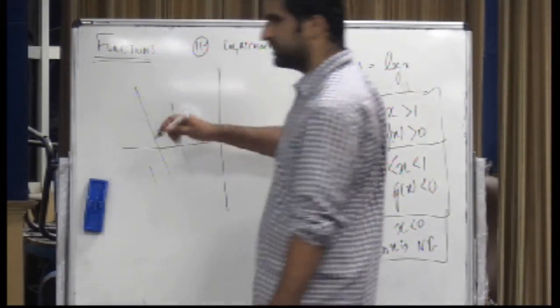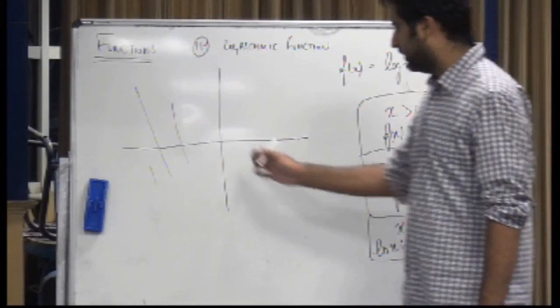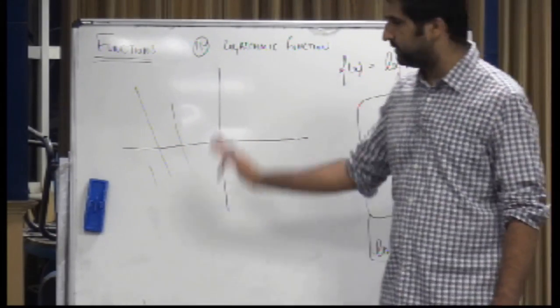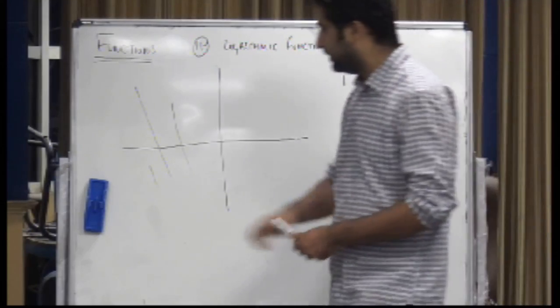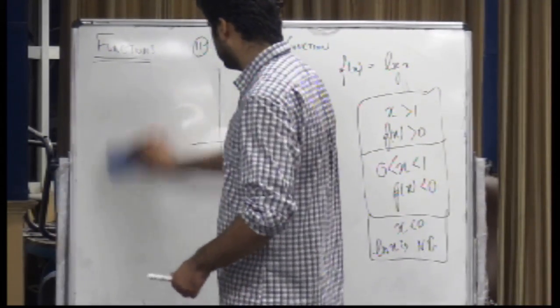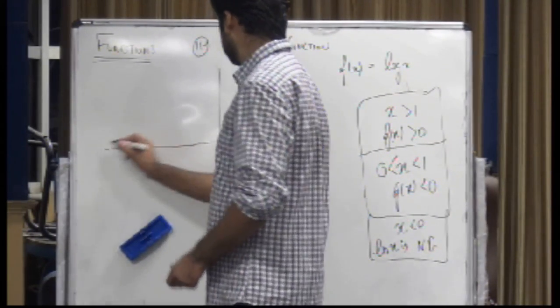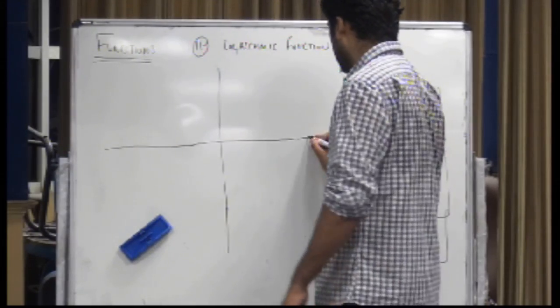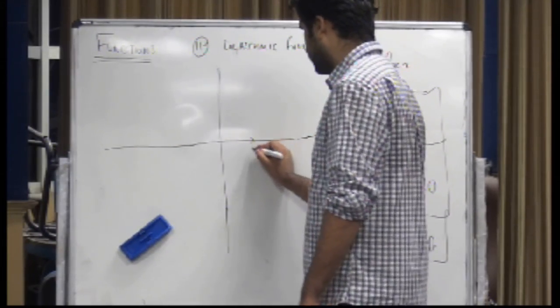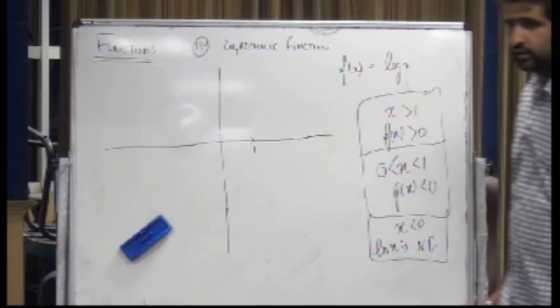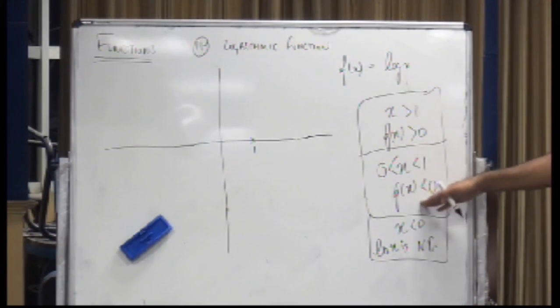Okay, this portion is empty because x less than 0 is not defined, so there will be no graph over here. We just have to care about this positive portion, and it is also breaking up at 1, right? It is also changing its sign at x is equal to 1.